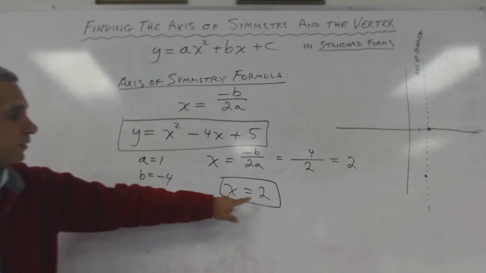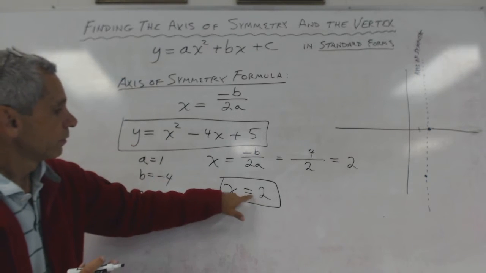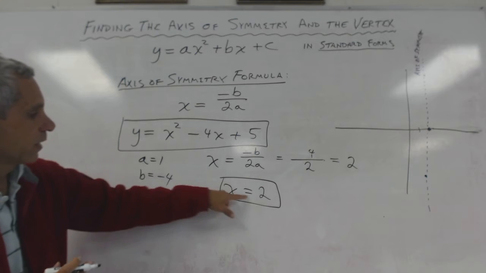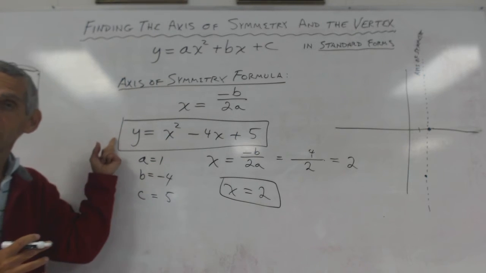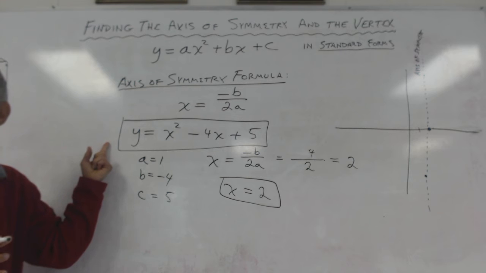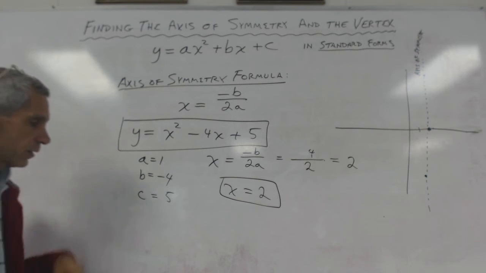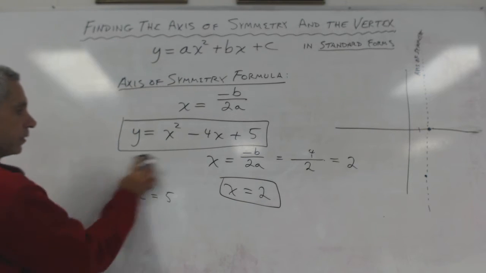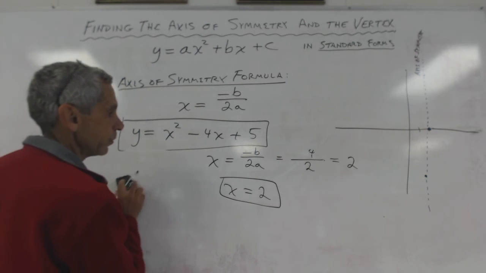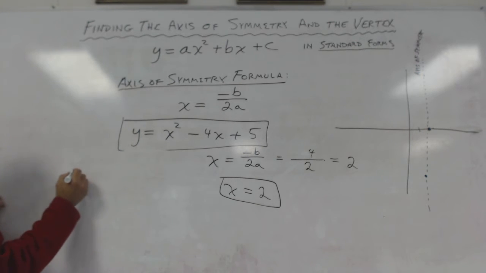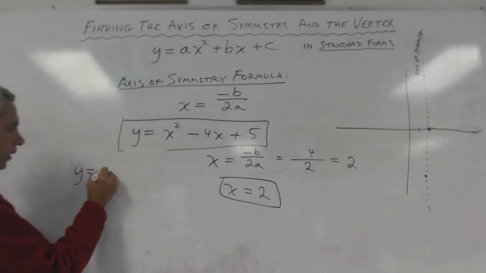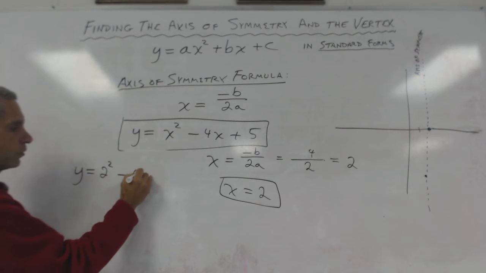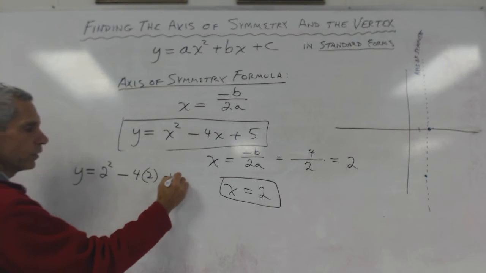So can I just plug this in? Instead of saying x, I could say 2 squared minus 4 times 2 plus 5. And I could figure out what my y would be at that point. Let's do it. Y equals, instead of x squared, I'm going to put 2 squared minus 4 times 2 plus 5.